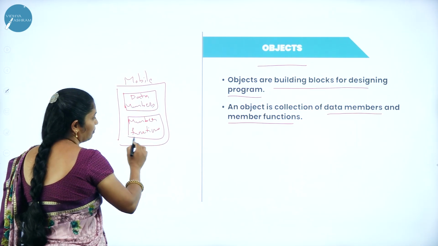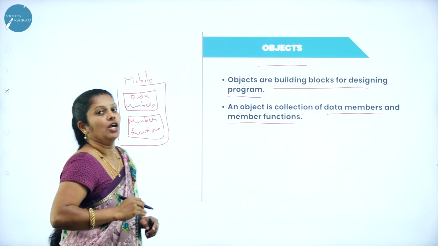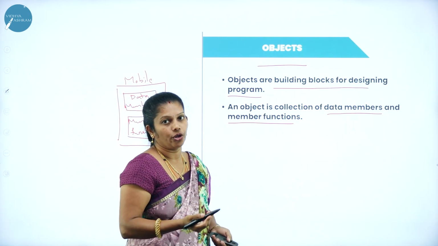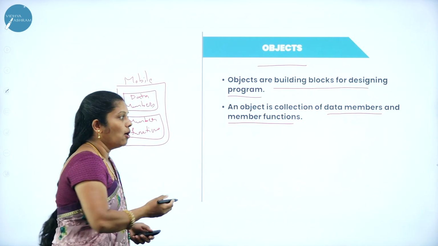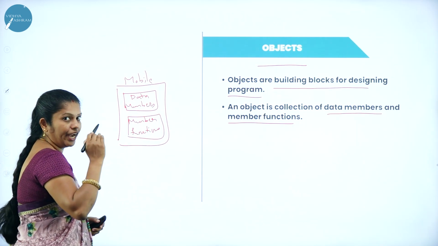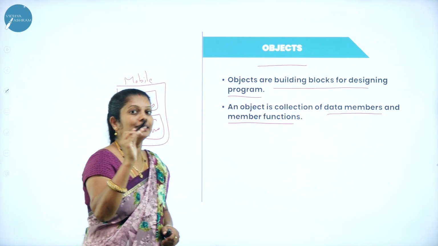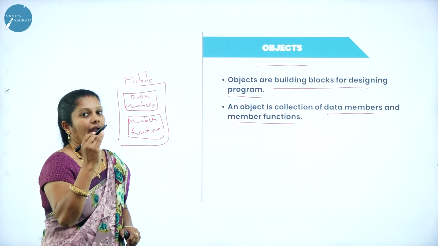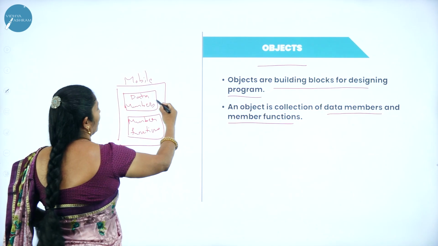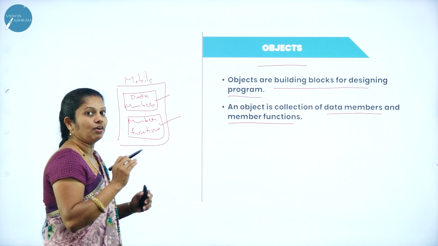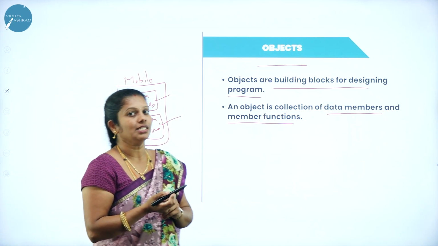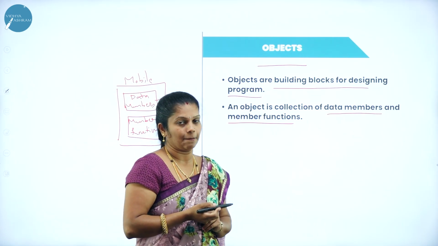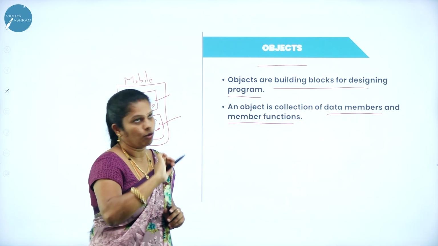Member functions can be called a set of functions, such as incoming call, outgoing call, WhatsApp, Bluetooth; all are functions. It means an object is a real-time entity which has some characteristics and behavior, and each object has data members as well as member functions, a collection of data members as well as member functions. That is the main feature of an object.